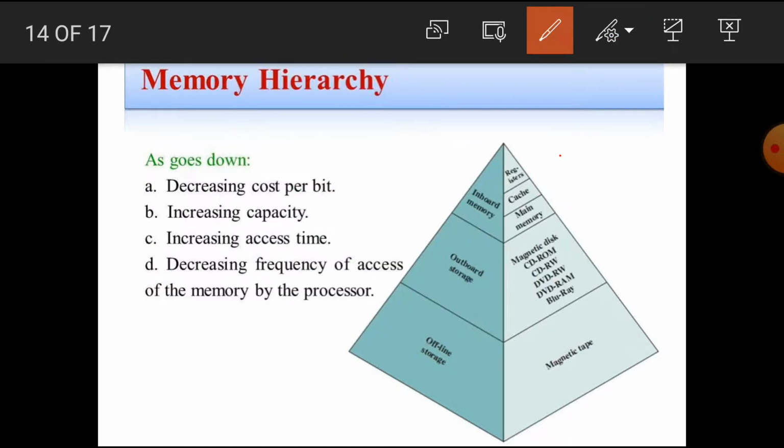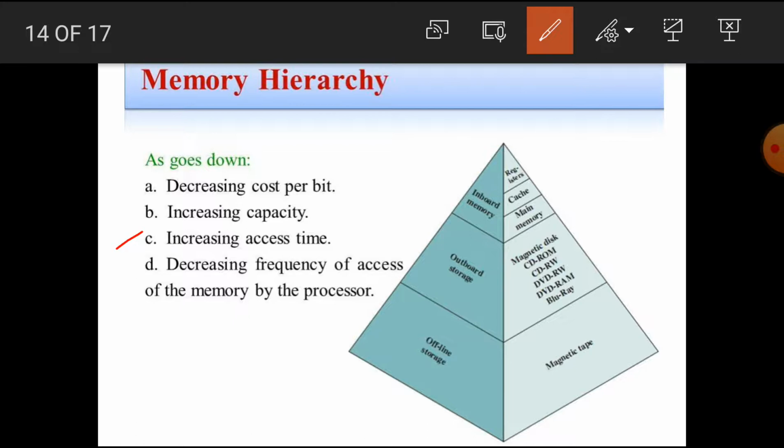That means as we go down, the cost per bit decreases. That means the register memory has a higher cost than the magnetic tape. Similarly, increasing capacity. That means the magnetic tape has the highest capacity compared to the register, cache, main memory, or the magnetic disk. Increasing access time.